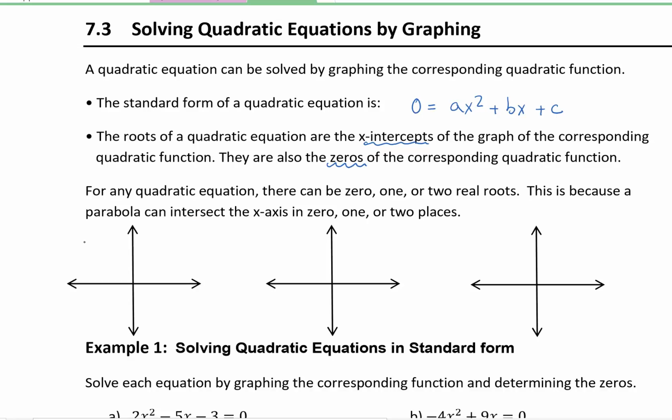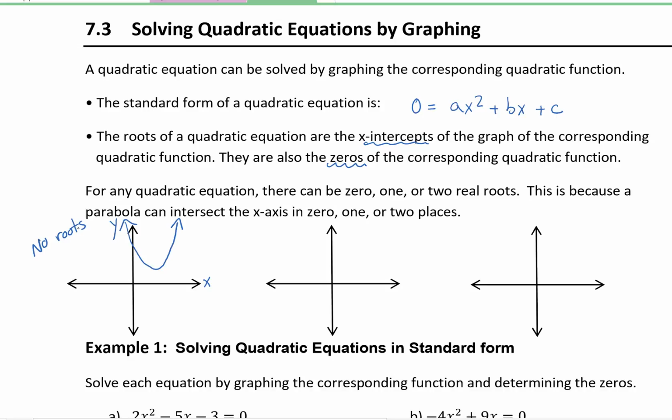It could be anywhere, in this quadrant or in the bottom quadrant, sitting down here. So wherever it happens to be, it's up off of the x-axis, okay? And so that would be no roots. In other words, zeros, in other words, x-intercepts.